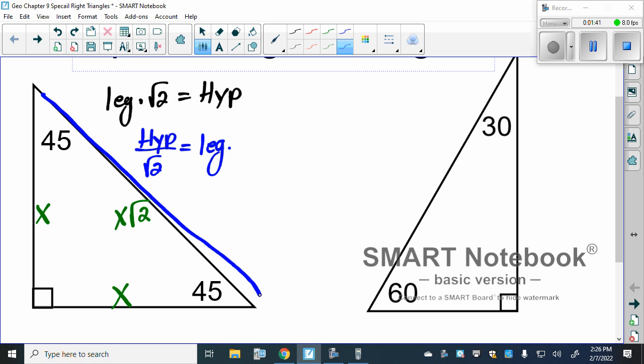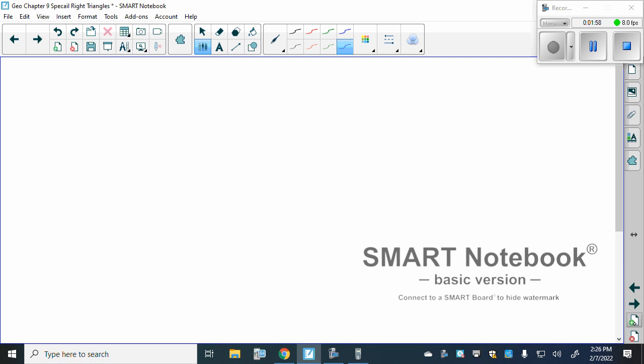Now in the 30, 60, 90, the small side was opposite the 30 degrees. The long side was opposite the 60 degrees. And the hypotenuse was opposite the right angle. And there were three different setups that we had for the 30, 60, 90. The first setup is that we are given the short side length, the side opposite the 30 degree angle.